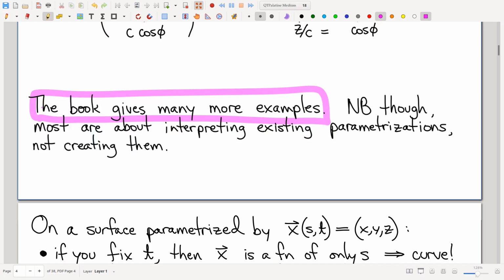Most of the time, in my experience, the parameterization does not come pre-given to you. That's just not how it tends to work. It tends to work as: we need to do something on a sphere, and then you've got to create the parameterization. Right. So that's why I focused on how to create parameterizations. The book's examples are about interpreting parameterizations. So, anyway. All right.